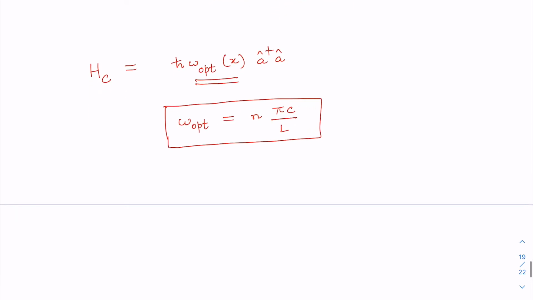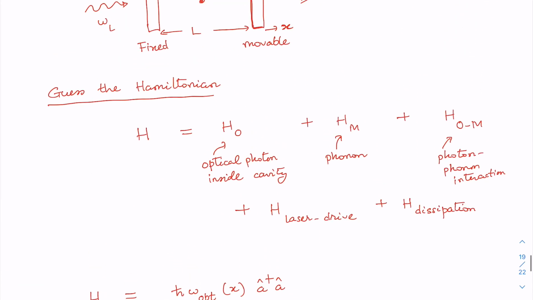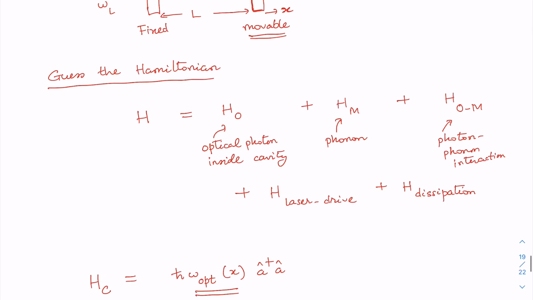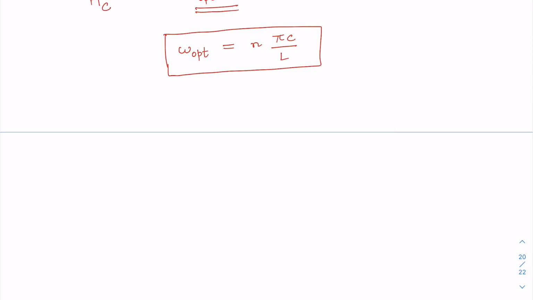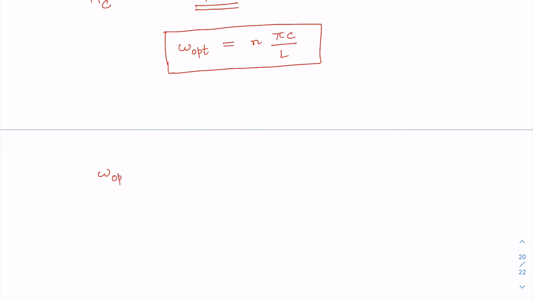Now, due to the small displacement of this movable mirror, I can write omega opt as a function of x: n pi c divided by L plus x. If I expand it, because x is very small, I can write this quantity as n pi c by L into 1 minus x by L.